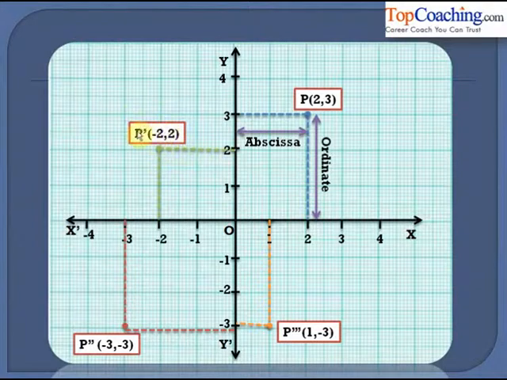Similarly, if we have a point in the second quadrant, then the abscissa is negative and the ordinate is positive. If we have a point in the third quadrant, then the abscissa is negative and the ordinate is also negative. And if we have a point in the fourth quadrant, then the abscissa is positive but the ordinate is negative. Now abscissa is the distance of the point from the y-axis, and similarly ordinate is the distance of the point from the x-axis.